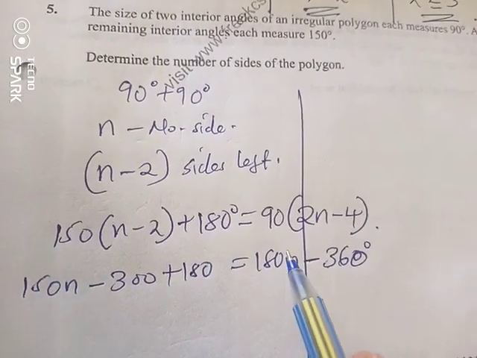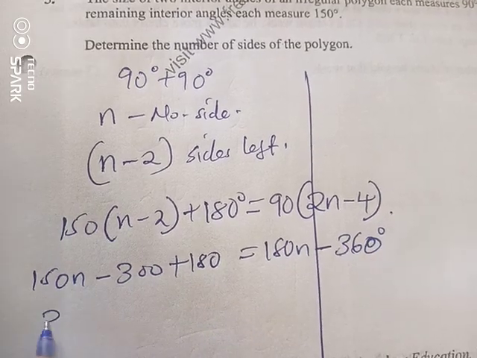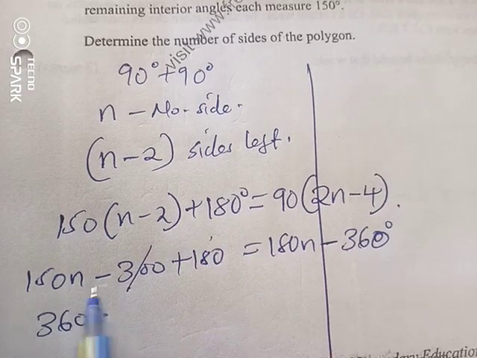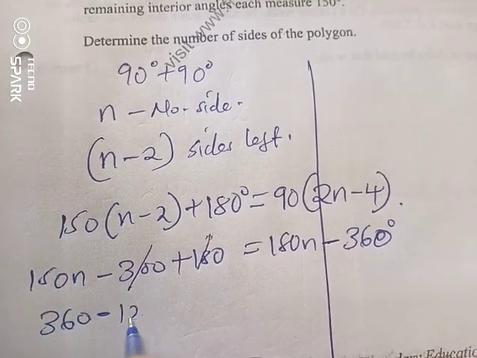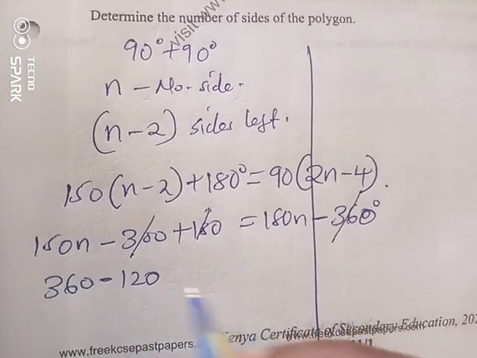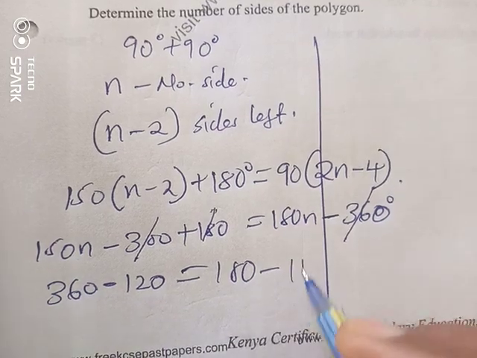Collecting my like terms, what will I have? Let me take n's as I bring the numbers. So 360 shall come to be a plus, minus 300 plus 180 is minus 120. Yes. Then on the other side, we shall remain with 180 minus 150n.